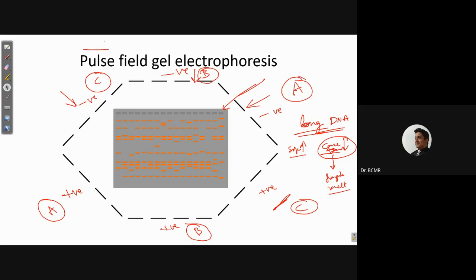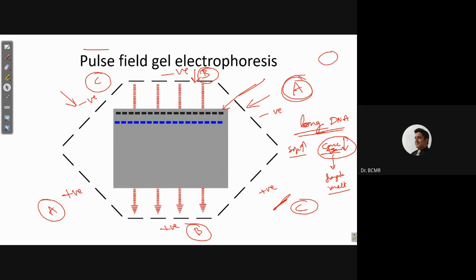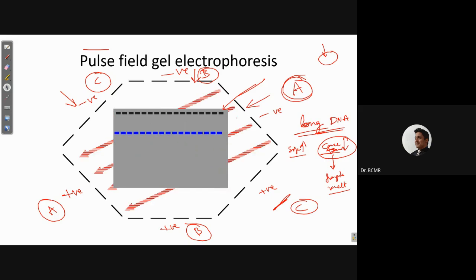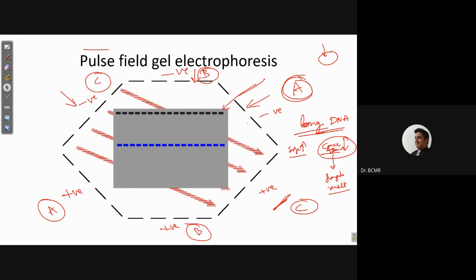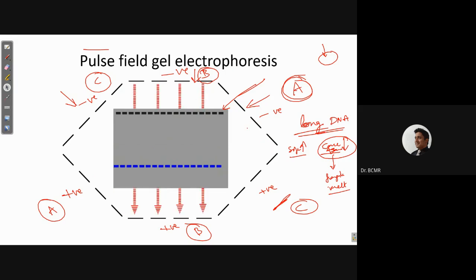Pulsing means you keep changing a little bit, giving a shock again, like that. Here we have the A electrodes working first, then maybe B is activated and C is activated, and so on. Then even though the DNA is larger, it can still have multiple opportunities to move through the pores because of the reorientation of the DNA, instead of getting stuck in one place.